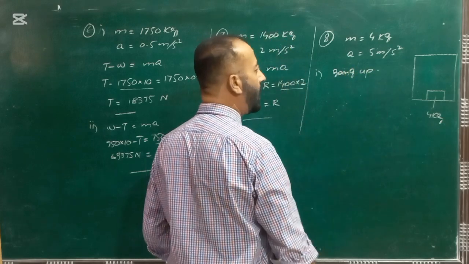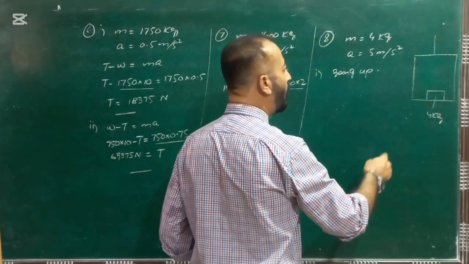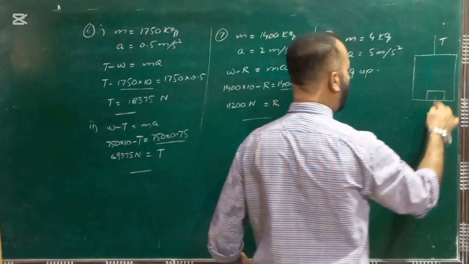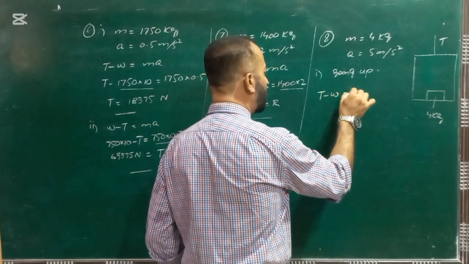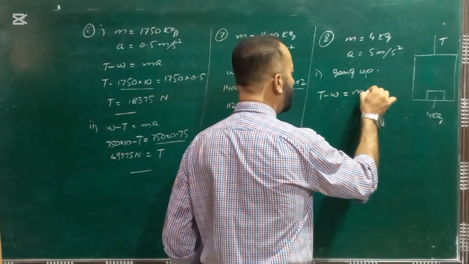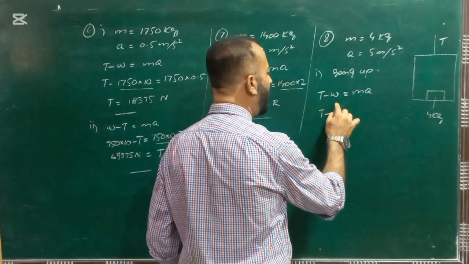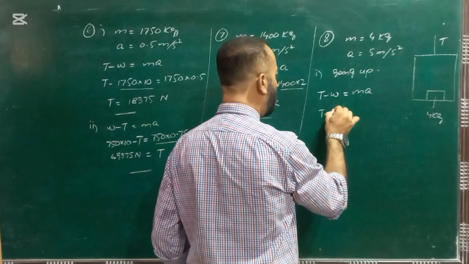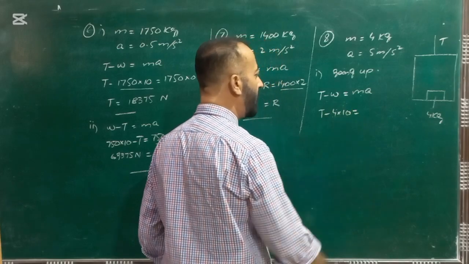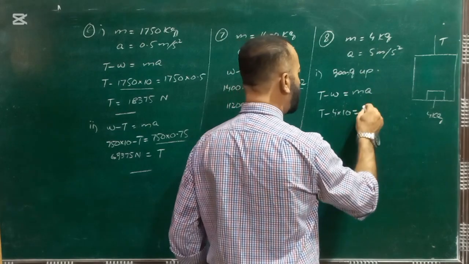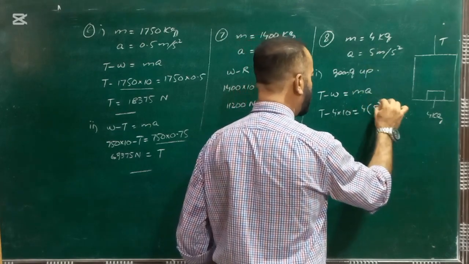So for going up, definitely the tension in the string will be more than the weight of the body. So T minus W will be the resultant force, equal to ma.